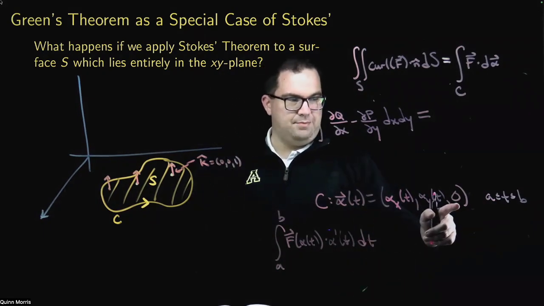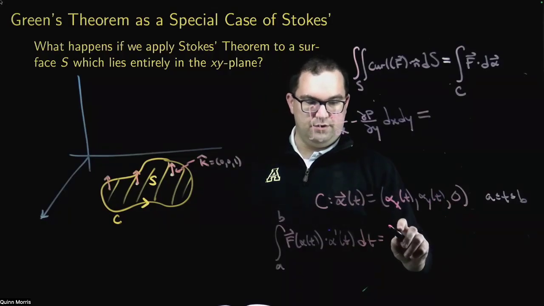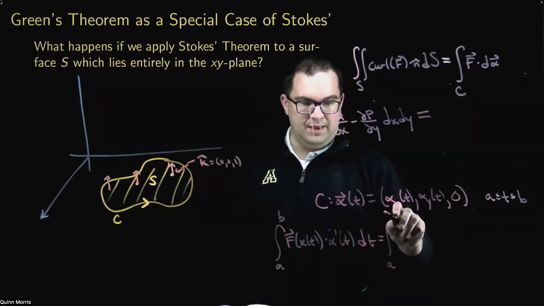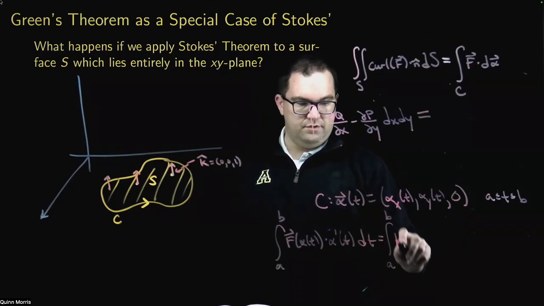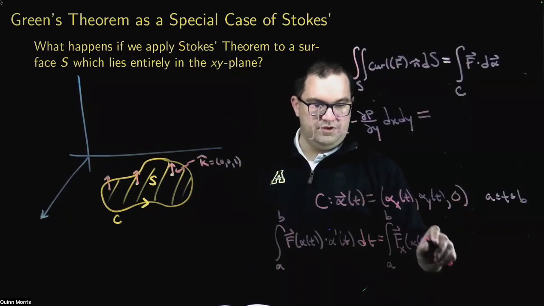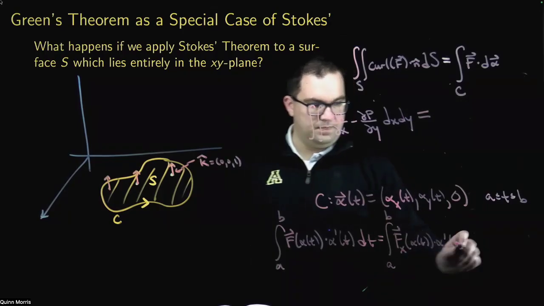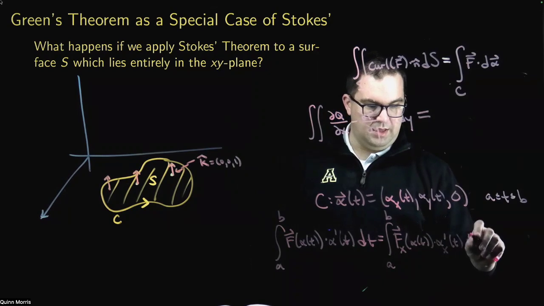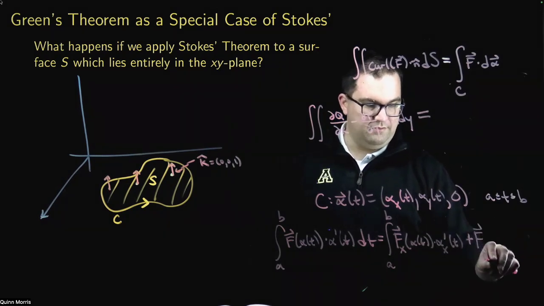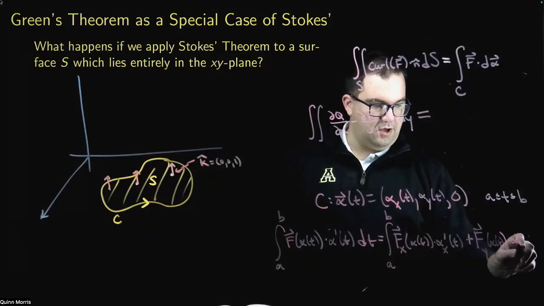But if I think about what's going to happen here, the z term is going to be 0. So what I'm going to end up with is an integral from a to b of the x component of f evaluated at alpha of t times alpha sub x prime of t, plus the y component of f evaluated at alpha of t times alpha y prime of t.